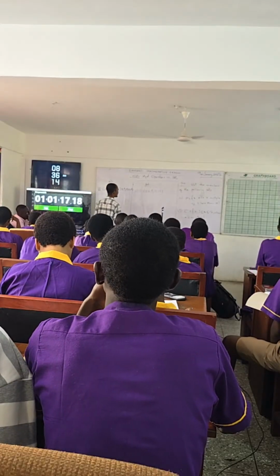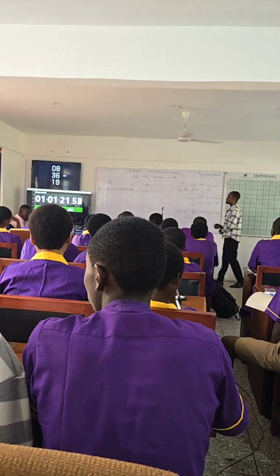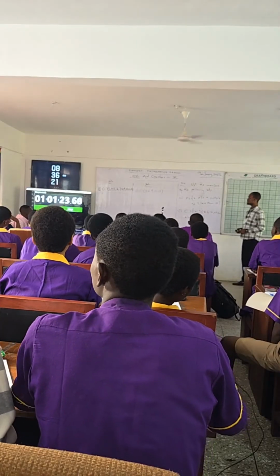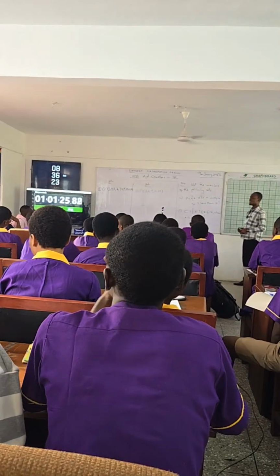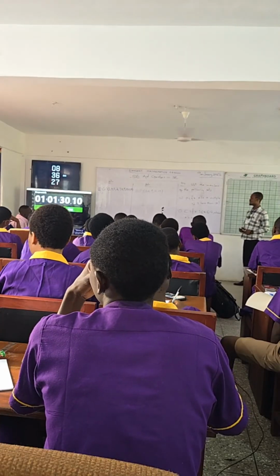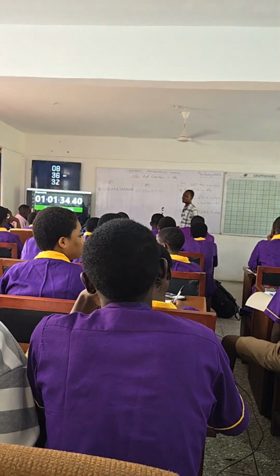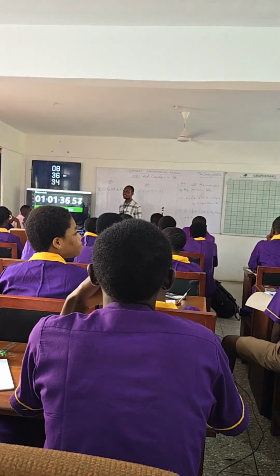Okay, so for number 1, we have a defined set P. X is a multiple of 3 less than 18. So you need to know multiples of numbers, especially 3.